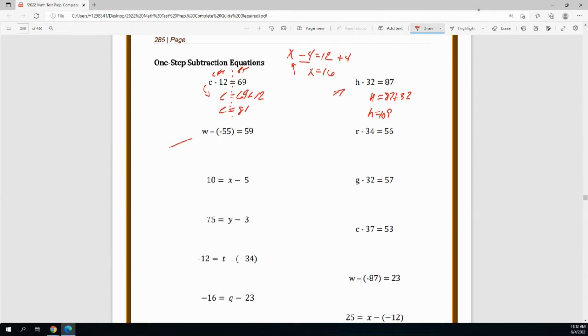Now, this next one here, this is where people start to have a few questions about what to do first. For instance, you'll see that you're subtracting a negative. A lot of times students get a little unsure about whether to think about integers first and change that, or worry about doing the algebra first, because they are two different ideas.